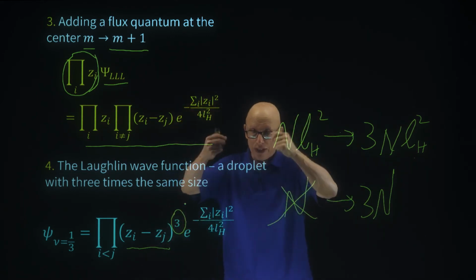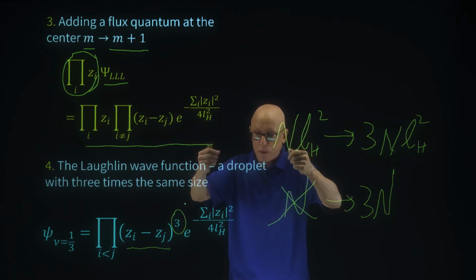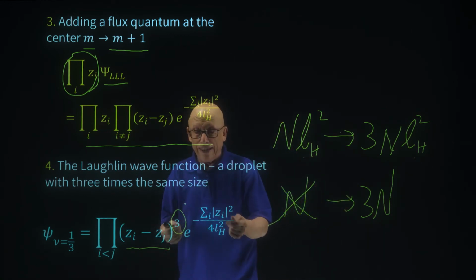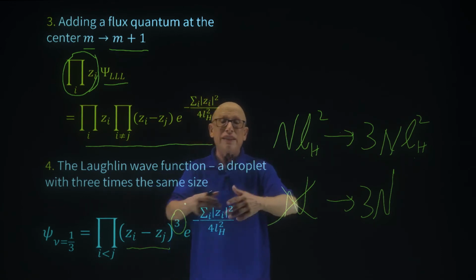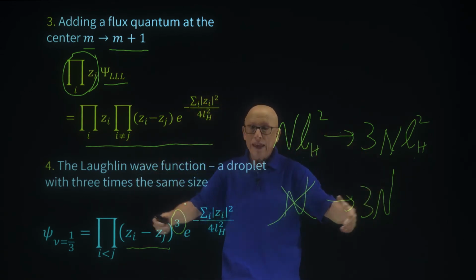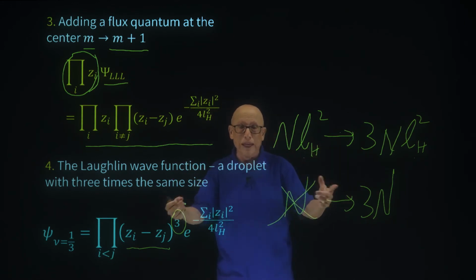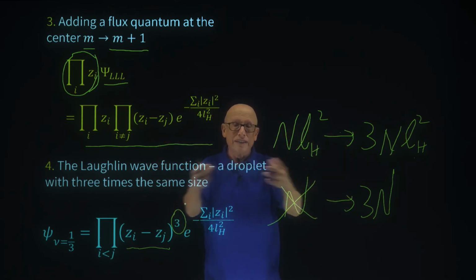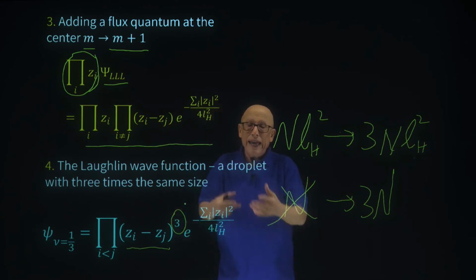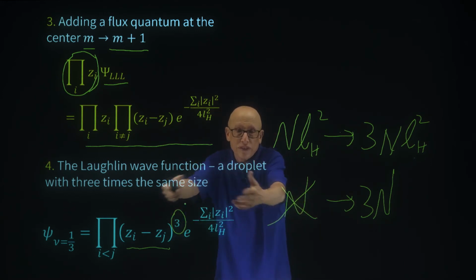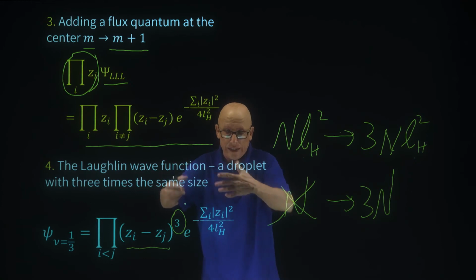The wave function squared vanishes to a 6th power. So we have a wave function that describes nu equals 1/3, that keeps electrons away from one another, and by that probably minimizes their interaction energy. And it's a wave function that we can try and look at and check.